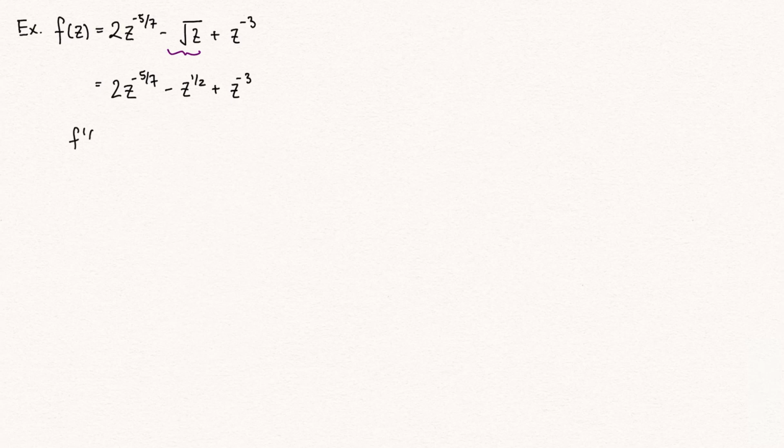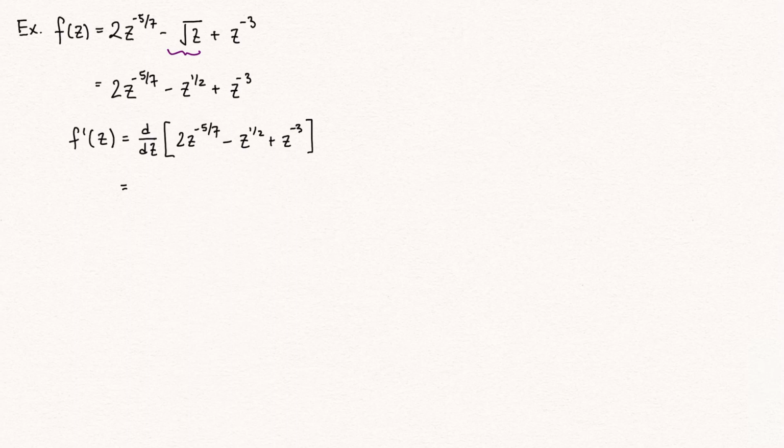So we get that f prime of z is equal to, now because our variable in this function is z as opposed to x, my derivative operator will be d by dz. This is the derivative with respect to z of the quantity 2z to the negative 5 over 7 minus z to the 1/2 plus z to the negative 3.